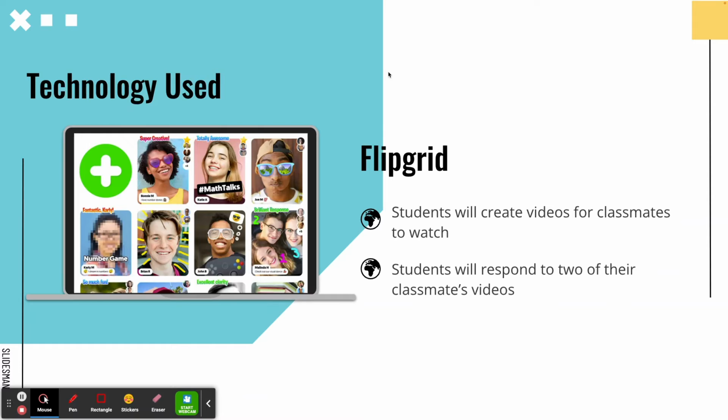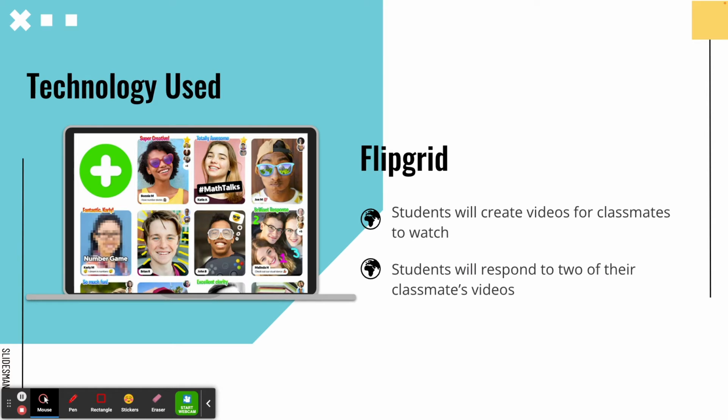So, the technology used, I will be using Flipgrid. This is an awesome tool that gets students vocal in a way that if they're more shy in a large class, then this is a great way for them to showcase their knowledge of a subject without having extra anxiety of being watched by their classmates.